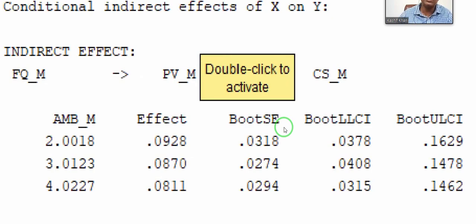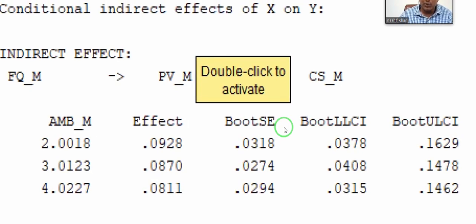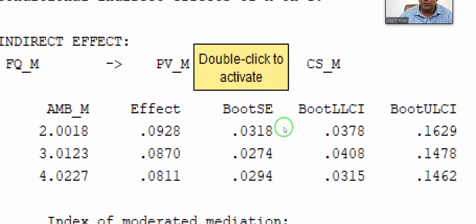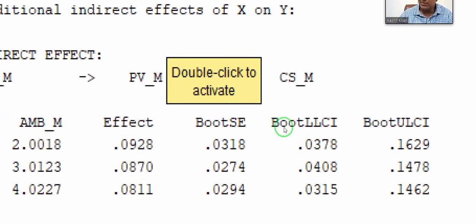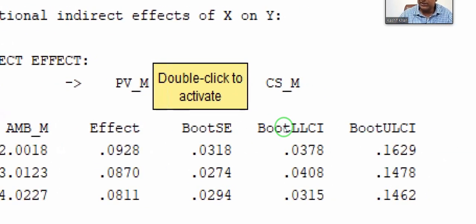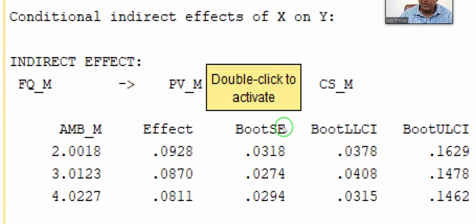The mediation is still going on. When the ambience was 2.08, 2.00, we see the mediation was there. When the ambience was 0.123, still mediation was there. When the ambience was 4.0027, still mediation was there. So at all levels, the mediation is still there, but the moderation is not there.